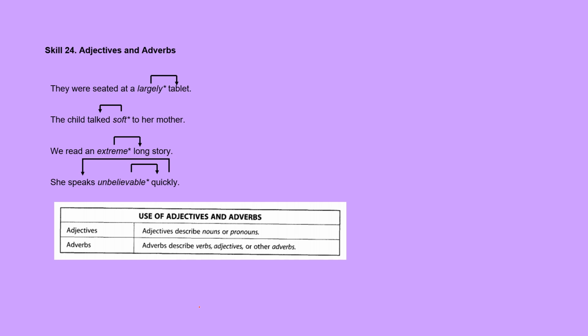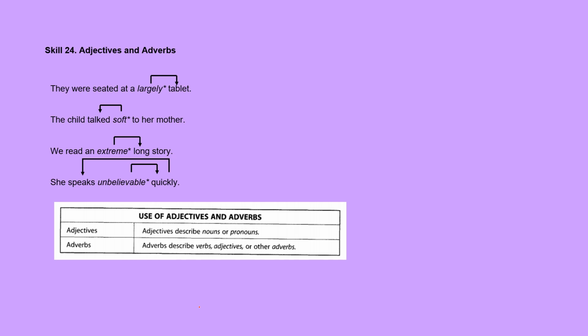That's why soft is the incorrect part of the sentence. It must be softly. Why? Because soft as an adjective cannot describe a verb. The one that can describe a verb is an adverb. So the child talked softly to her mother is the correct sentence.